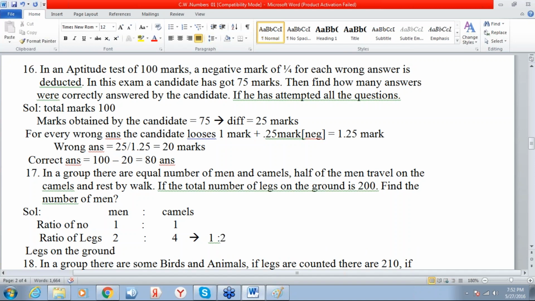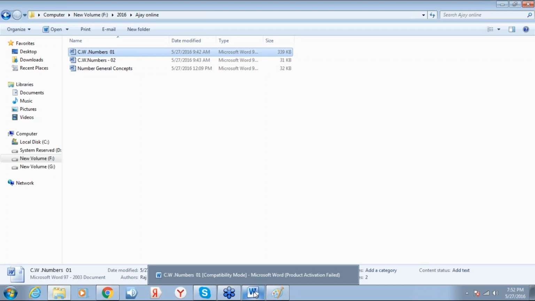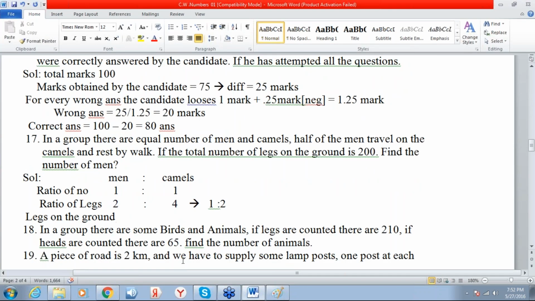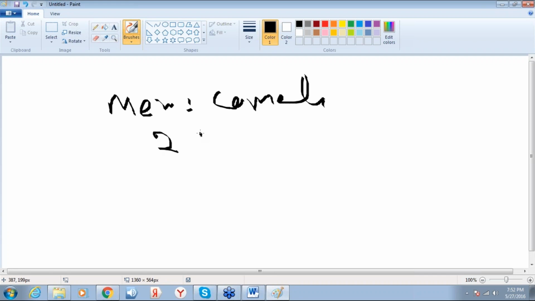Legs on the ground, what is the ratio? As half of the men are traveling on the camels, for example, there are 2 men and 2 camels, equal number.